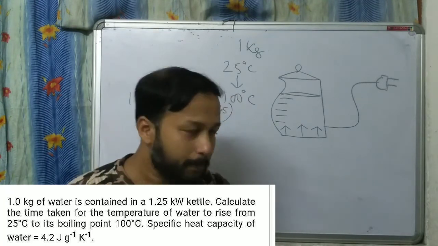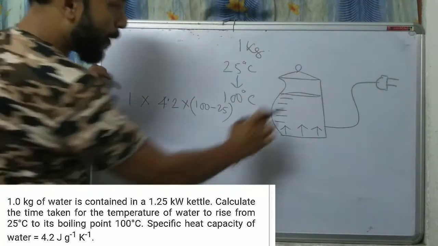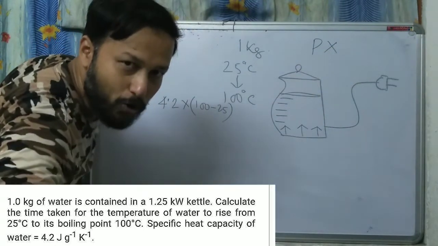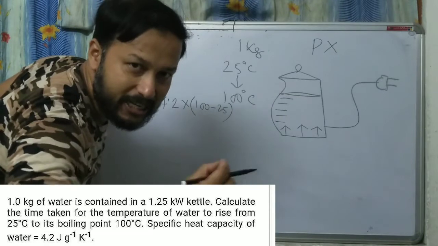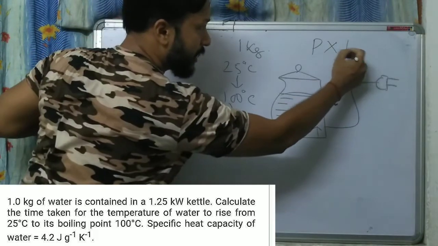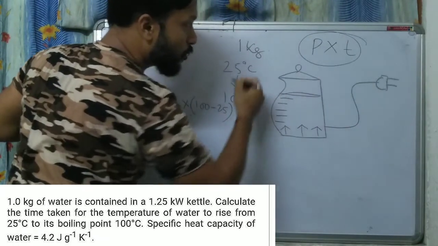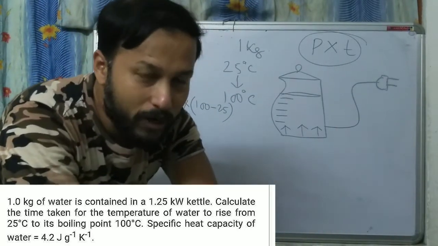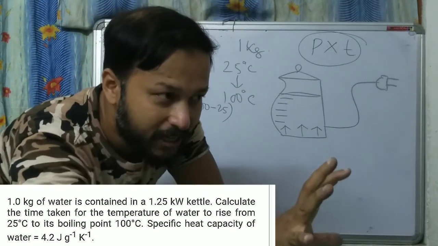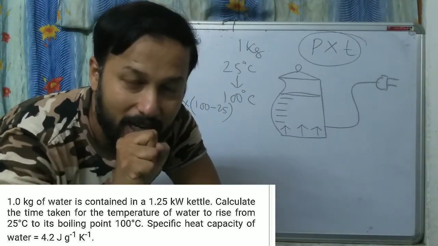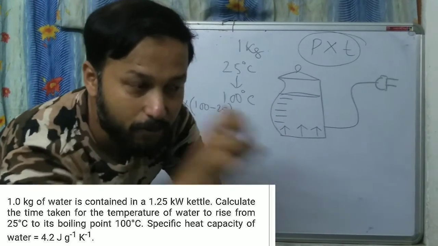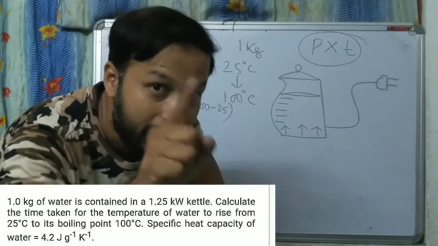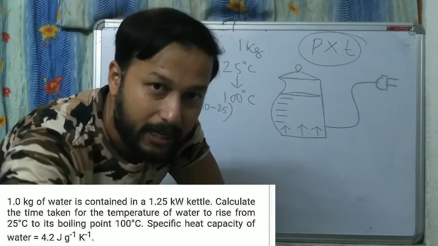Say the power of the kettle is P, and for how long you are running the kettle, say T is the time. So P into T is the amount of heat given by this kettle. The amount of heat you are taking from the kettle means the power of the kettle into the time for which you are running the kettle.